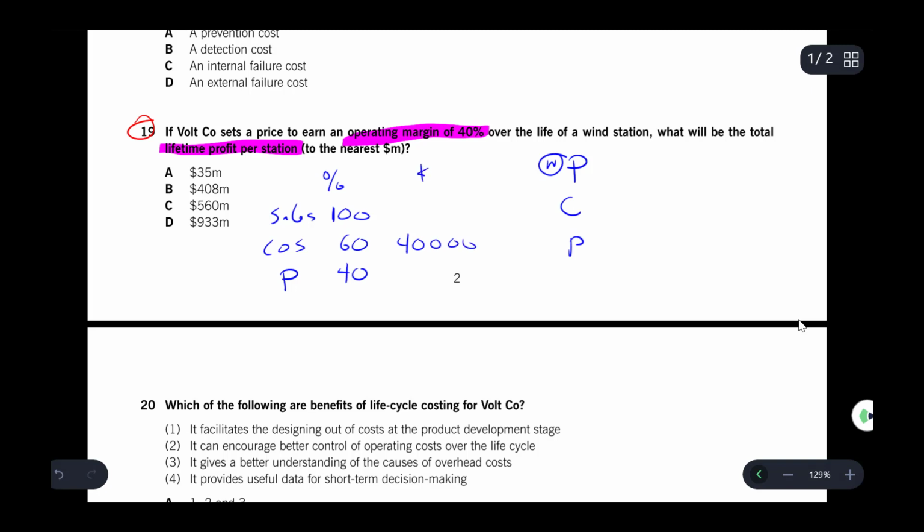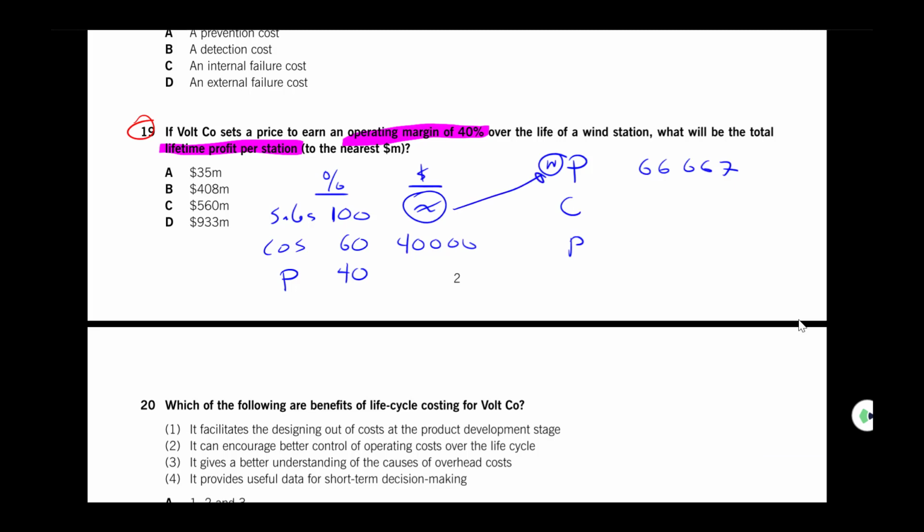So I can put the monetary units there in that column, and now it's simple algebra, solving for x. 40 multiplied by 100 divided by 60. It's the same thing as 40,000 divided by 0.6. So that will come to 66,667.